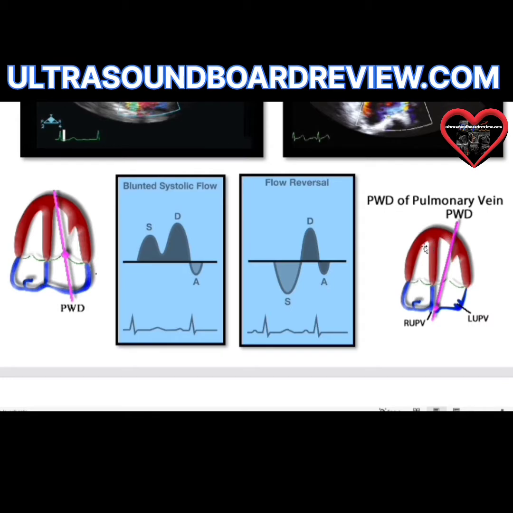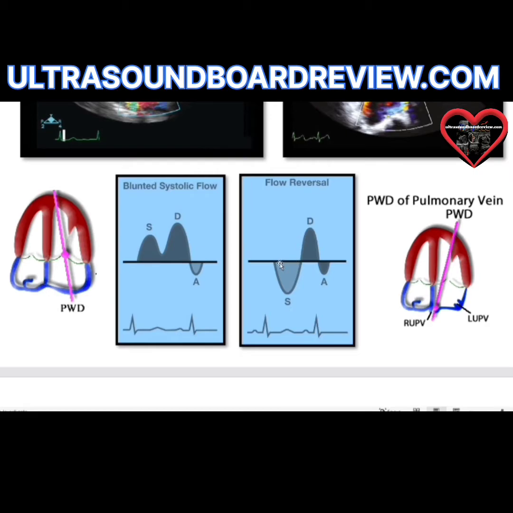What did you say one more time about the flow reversal? If it's below the baseline, then that means what? So to determine if mitral regurgitation is severe or not, we use pulse wave in the right upper pulmonary vein.